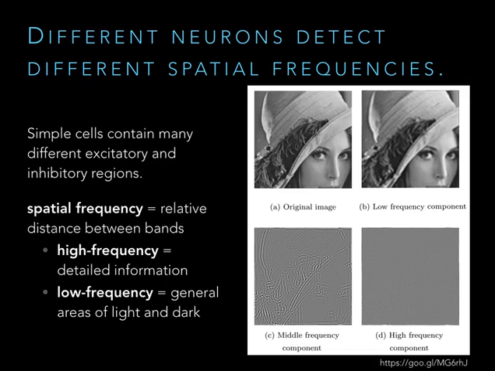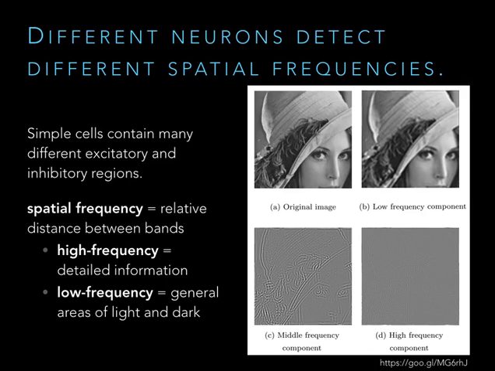You can see this pretty much approximates the original image. But the edges, the fine details, that's what we pick up in the middle and very high frequency information. So different neurons are there to respond to different frequencies of information. Those neurons that detect edges are going to respond to very high frequency information, and those that are there to detect general contrast are going to respond to low spatial frequency information.